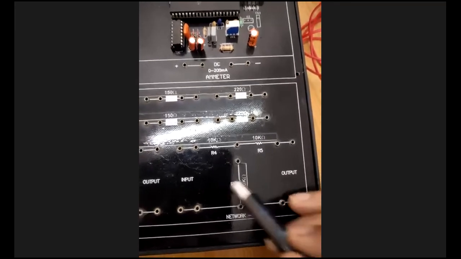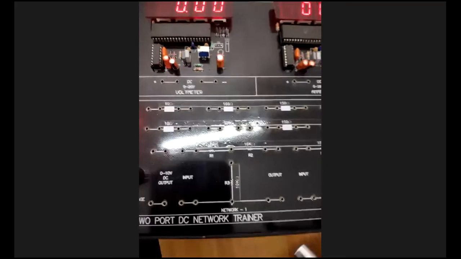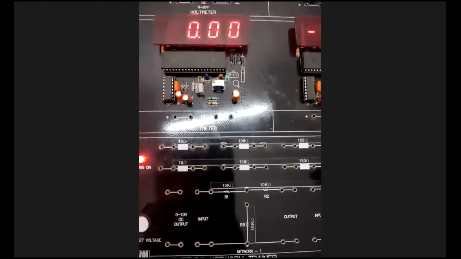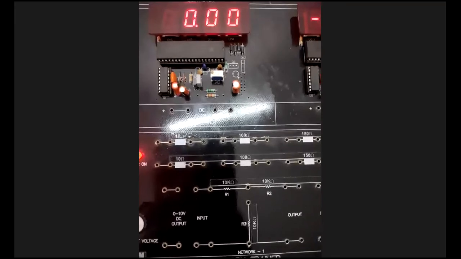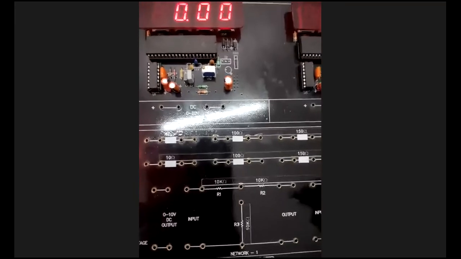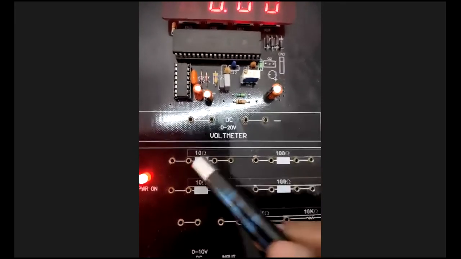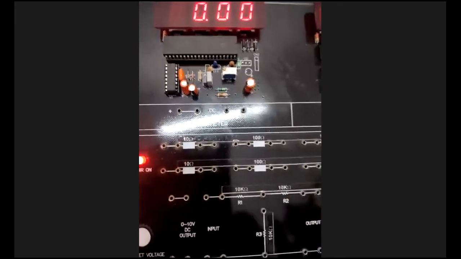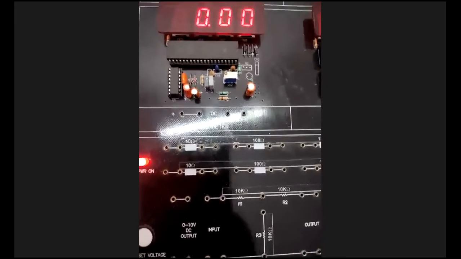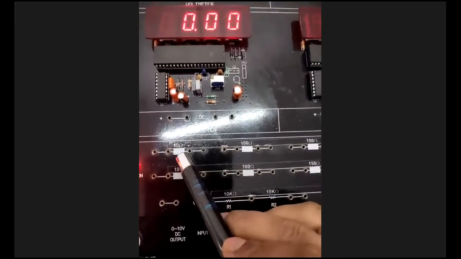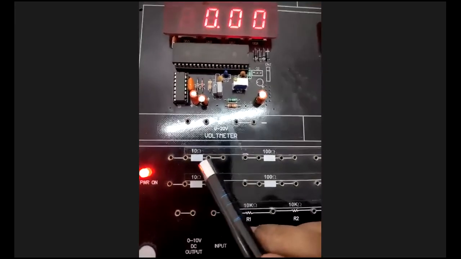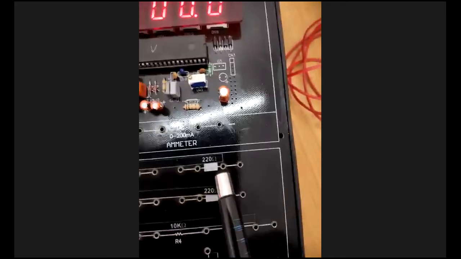And here other resistances are also there. If we want to perform this experiment with various types of resistance, with various ratings, we can do so. There are many resistances there also: 10 ohm, 100 ohm, 150 ohm, 220 ohm.